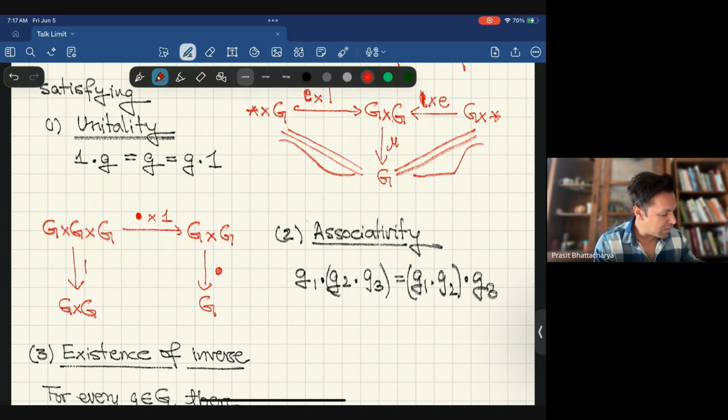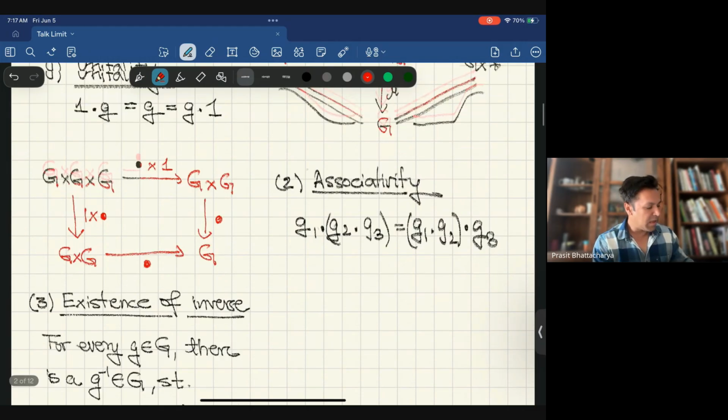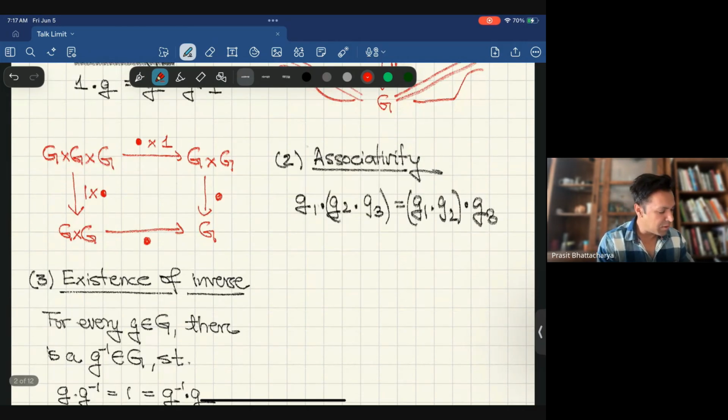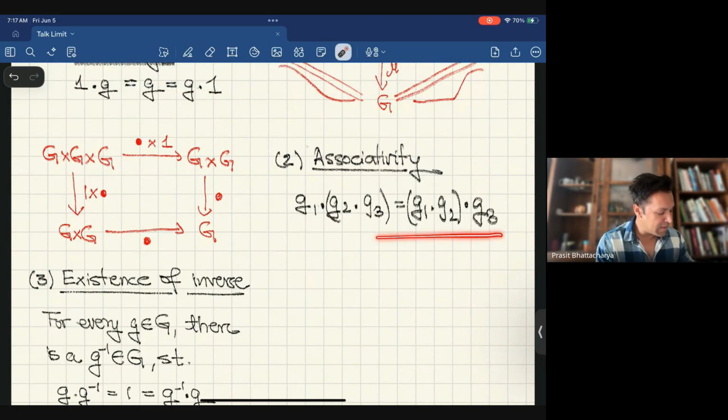So you can do 1 cross the multiplication, and then you multiply the factors. And if you ask this diagram to commute, this is precisely talking about associativity.